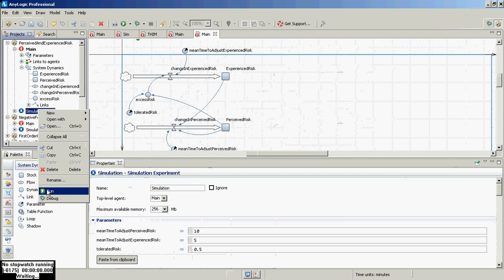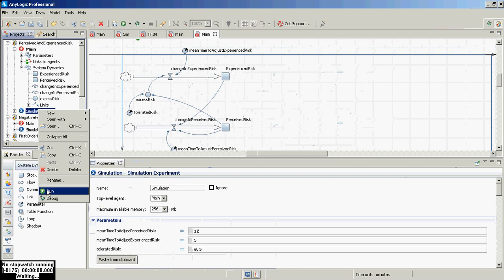And if experience risk is very high compared to tolerated risk, what's going to happen? Well, it's going to lead to a change in perceived risk.